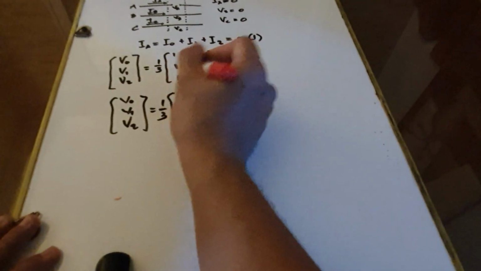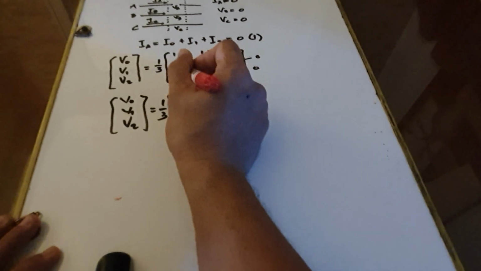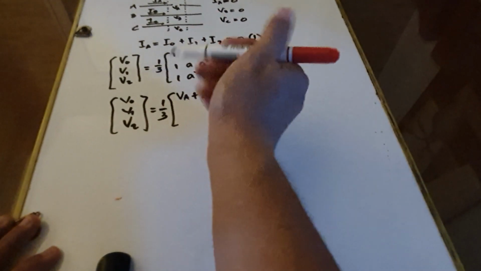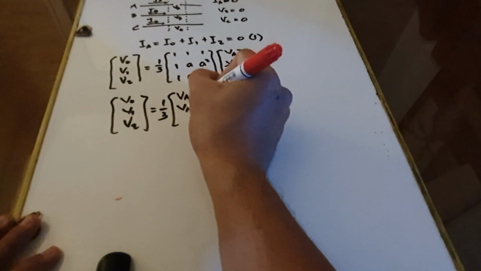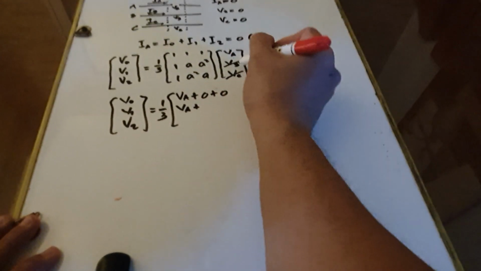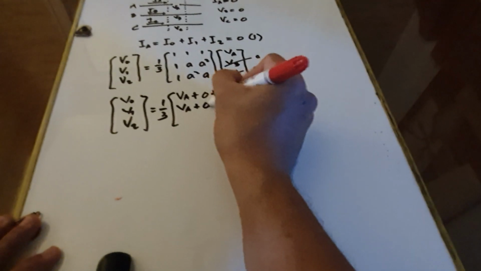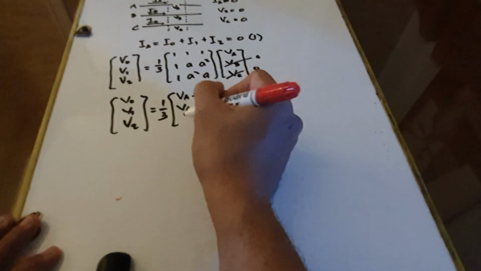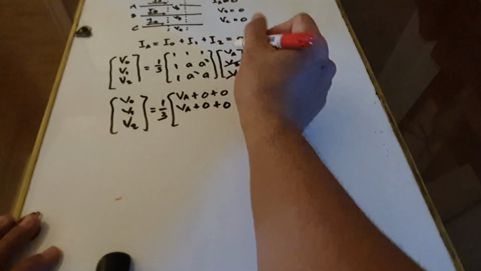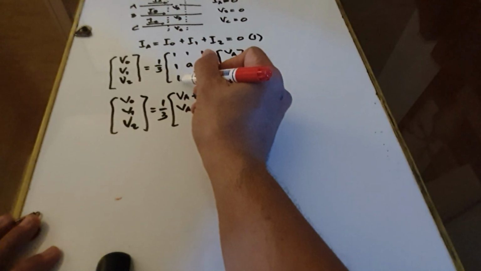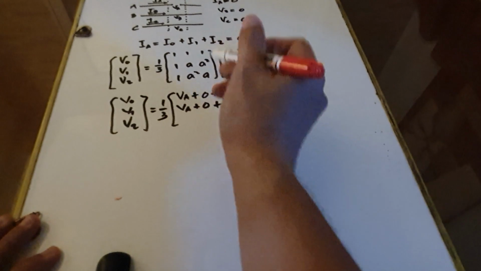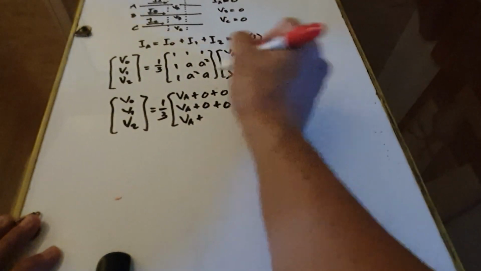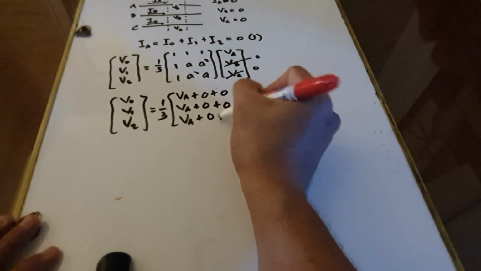Next, multiplication of the matrix in the second row: VA times 1 is VA plus VB, but VB is 0, so this is 0, plus VC times A squared, so this is 0. Next row, VA times 1 is equal to VA plus, but VB and VC are 0, so this is also 0.